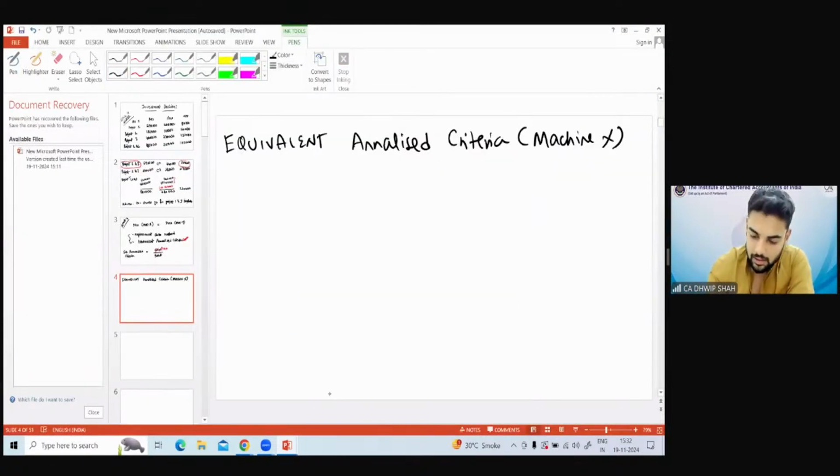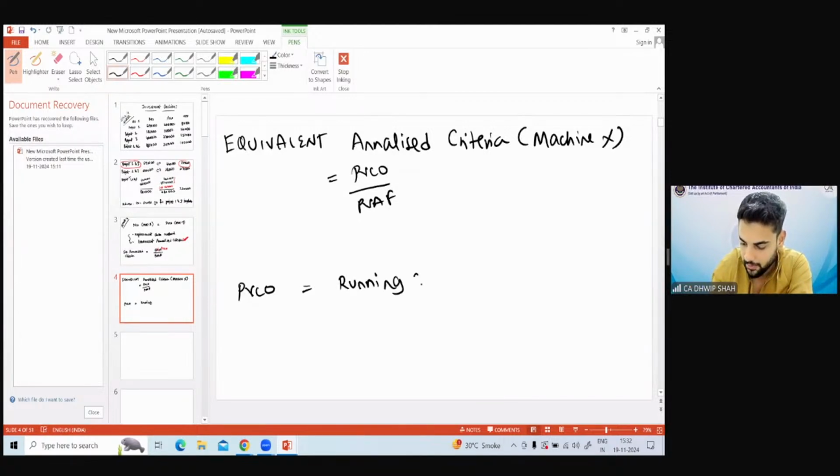The formula is PVCO upon PVAF. So let's calculate PVCO. PVCO would be running cost per year multiplied by the discounting.